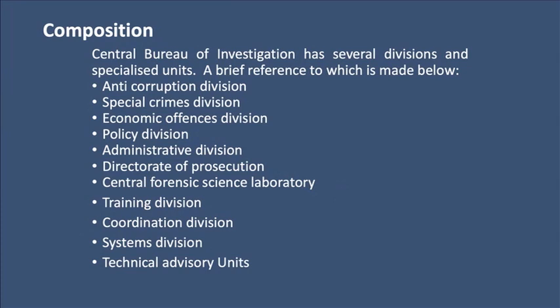Then the Training Division of the Central Bureau of Investigation comprises the Academy, which is located at Ghaziabad, and it is a modern police training center that imparts the specialized knowledge and skills that go to make a modern crime investigator. Next is the Coordination Division, which works in coordination with the International Criminal Police Organization, that is Interpol.